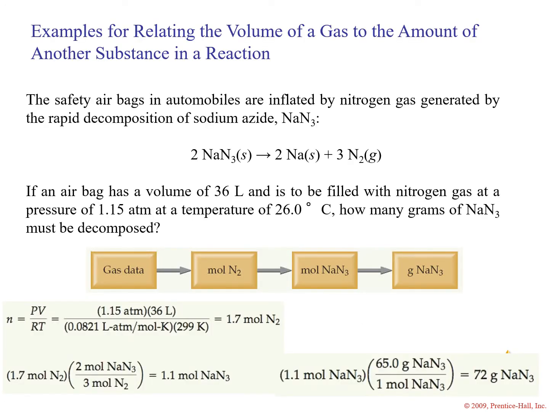So this slide is intended to introduce you to other examples of applications of the gas law equation, PV equals nRT, to relate this with chemical reactions, and specifically chemical reactions which involve a gas, either product or gas reactant.